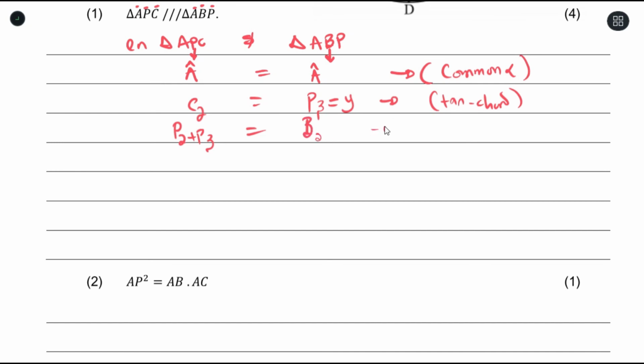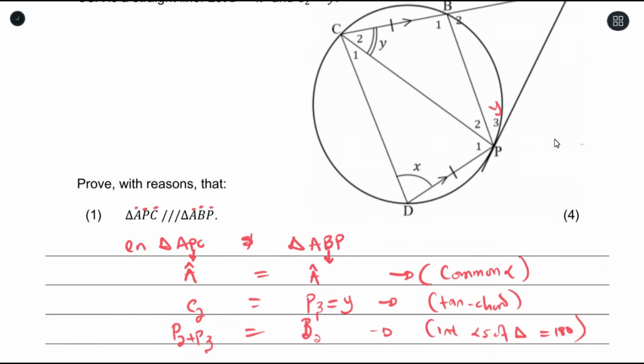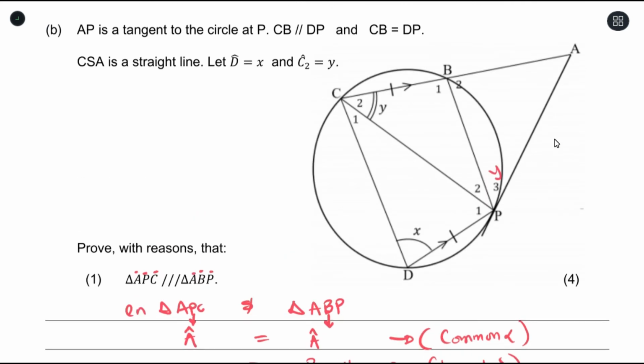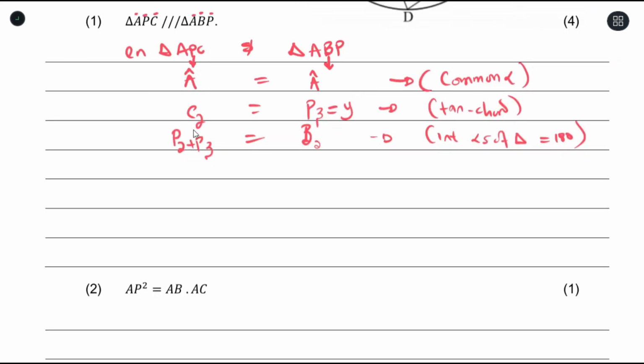And the reason for that is interior angles of a triangle equals to 180. That's exactly why that is equal. Now, because we've proven all three angles are equal, we can now say that therefore we know that triangle APC is similar to triangle APB. And the major reason is angle, angle, angle. That's it.